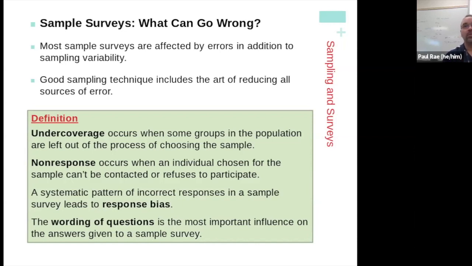Non-response is one where people just refuse to be surveyed. And I think if we think back to the 2016 presidential election, we have a pretty good idea of what happens when a large segment of the population refuses to participate or can't be contacted in the study. The polling data leading into the 2016 election seemed to indicate a pretty strong support for Hillary Clinton, the Democratic nominee.